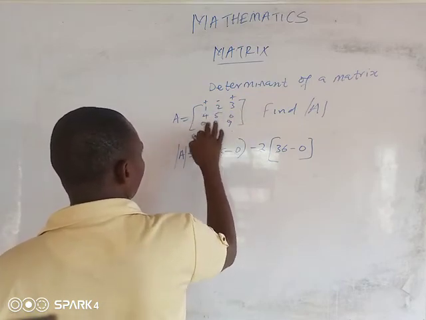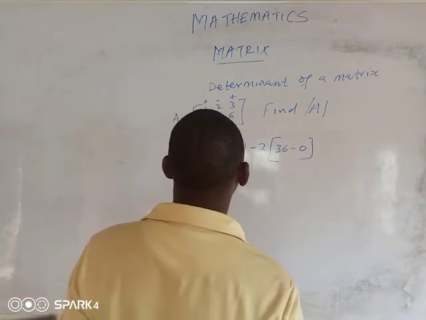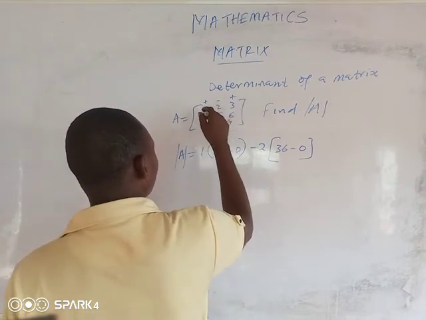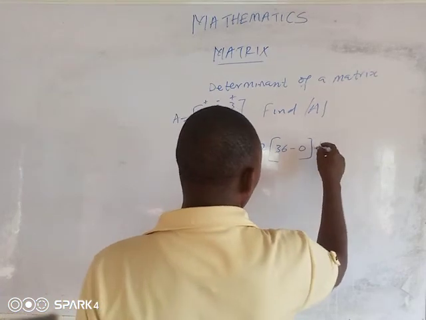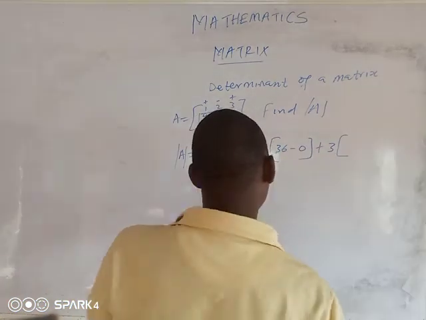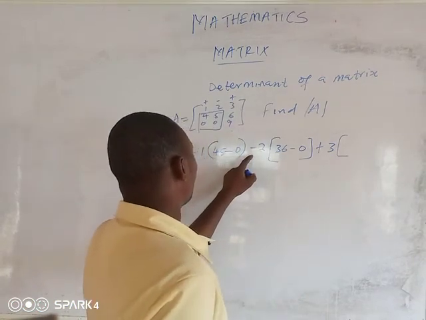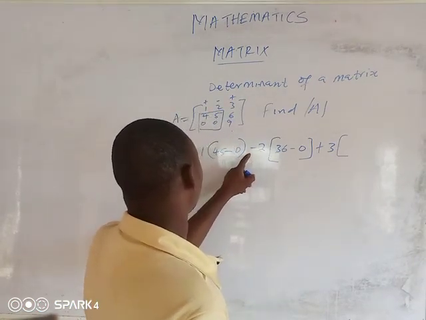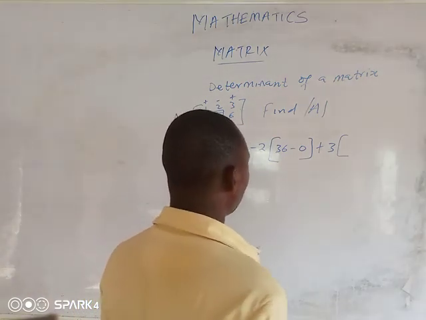The last one I'll deal with is this column. When I'm dealing with it, I'm going to leave this and multiply this thing. So that means plus 3. Apart from this second row, second column that has minus, every other one is plus.